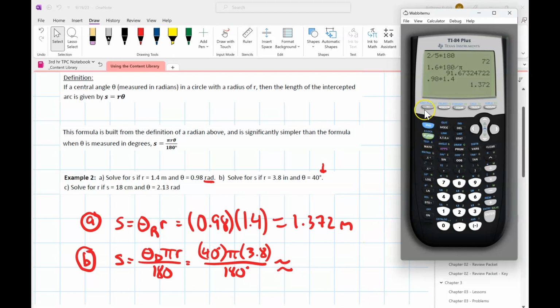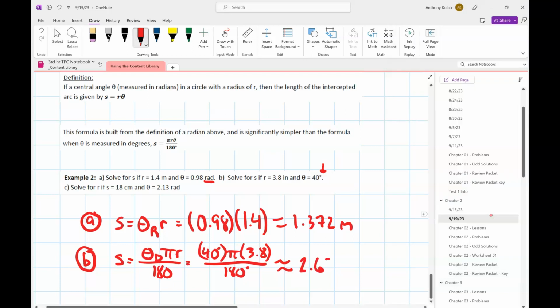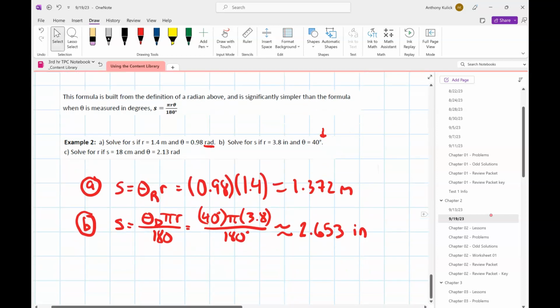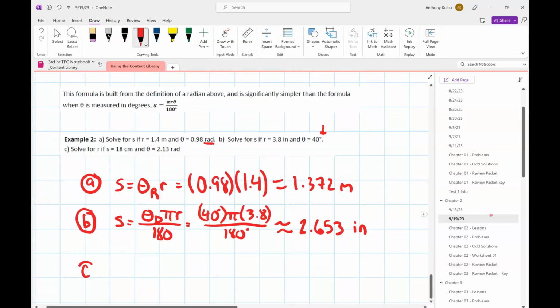That's a little complicated looking, so I'm going to use that fraction command on my calculator. And I get about 2,653. So far, so good.